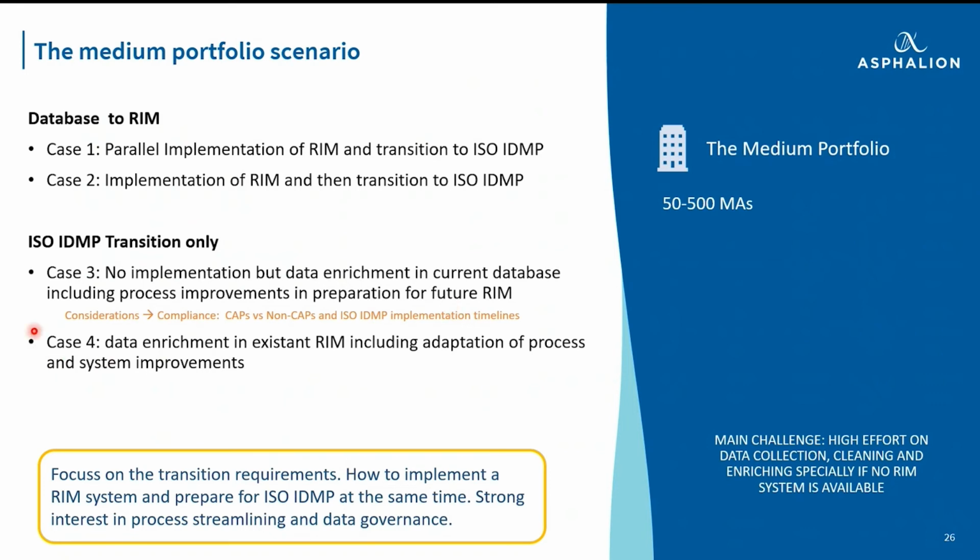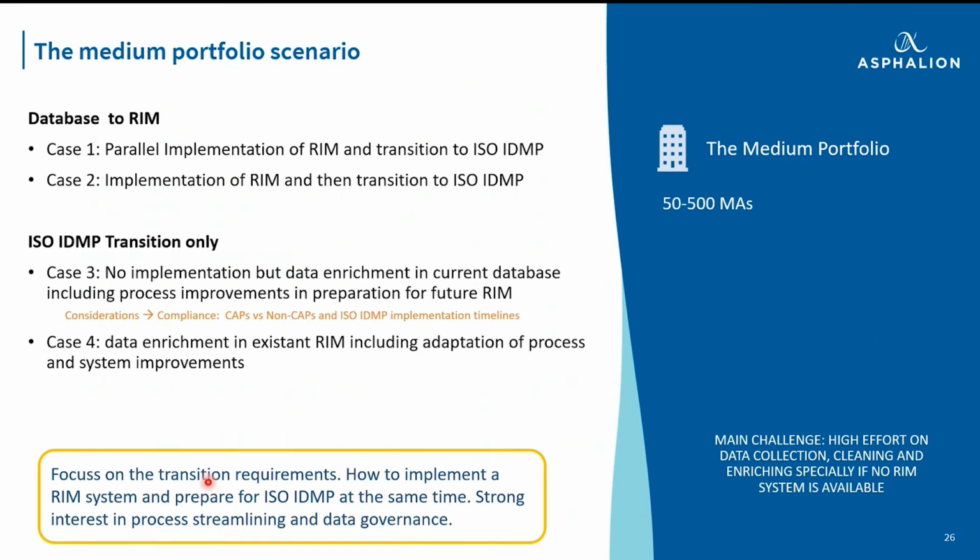But also a different case, that is when data enrichment is existing in the RIM, including the adaptation of the processes and the system improvements as well. So for this medium portfolio scenario, we have seen that the focus is mainly on the transition requirements, how to implement the RIM system, and how to prepare for ISO IDMP at the same time.